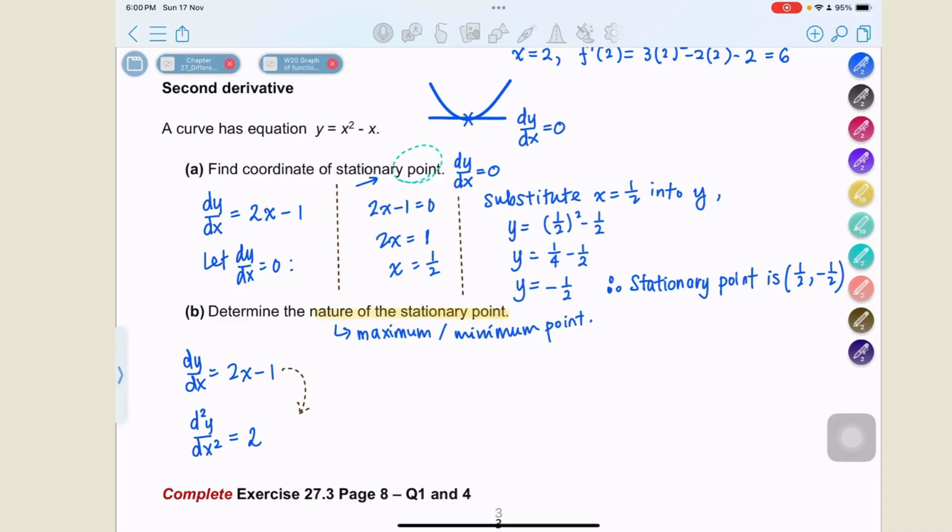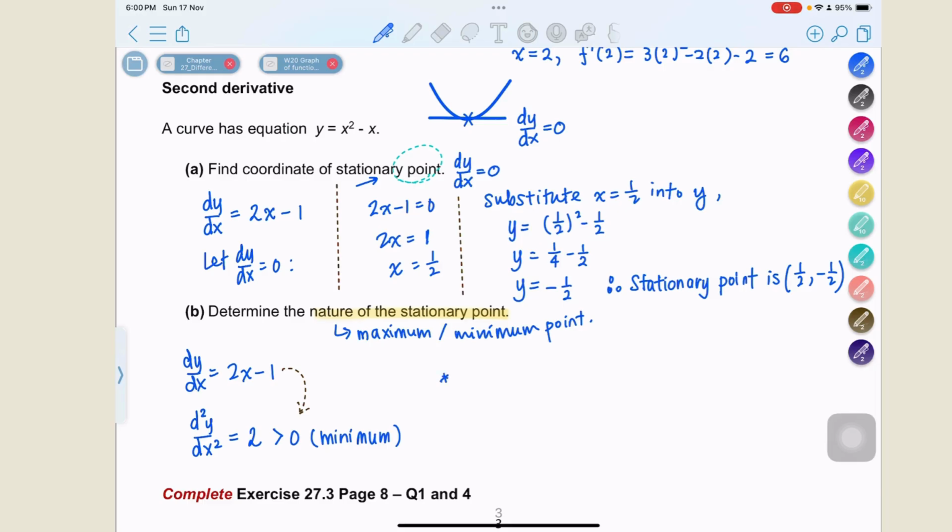So when we have the second derivative, I have a positive value. If I have a value more than 0, I can conclude that this stationary point, half and negative half, is a minimum point, because they give you a positive value.